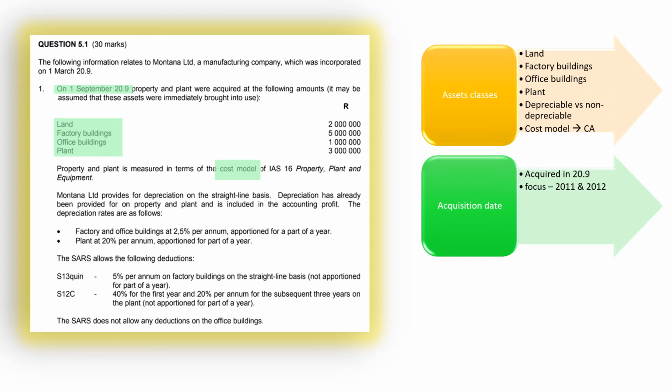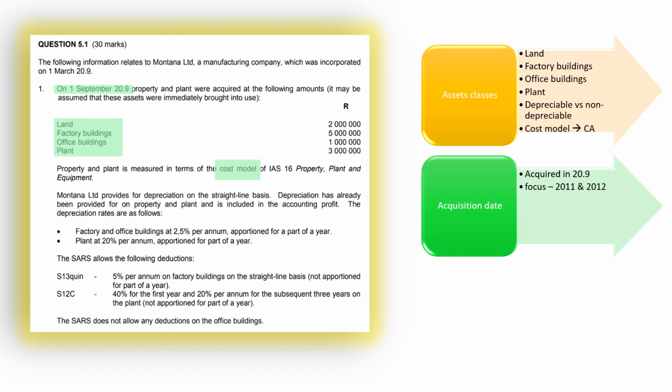And by looking at your asset classes, you should basically be able to very easily pinpoint what is depreciable and what is non-depreciable. And also your measurement model impacts the method in which you determine your carrying amount.